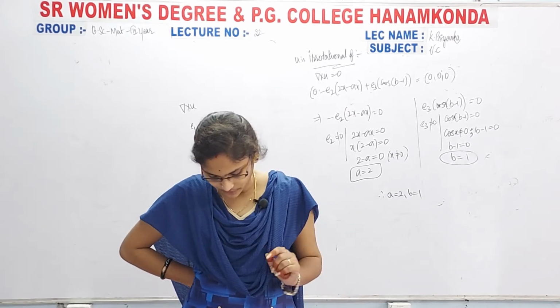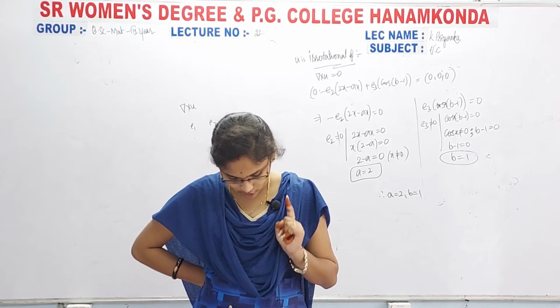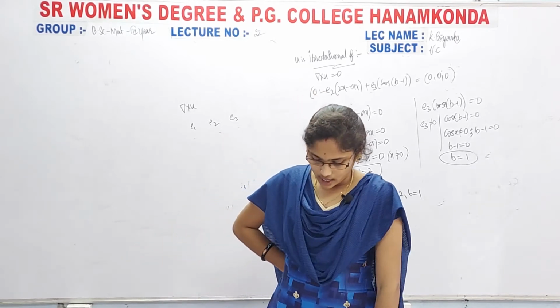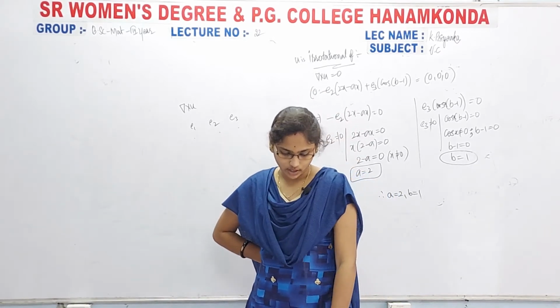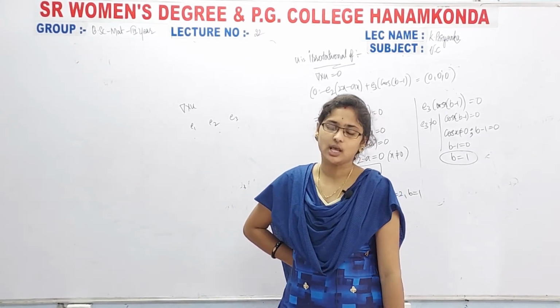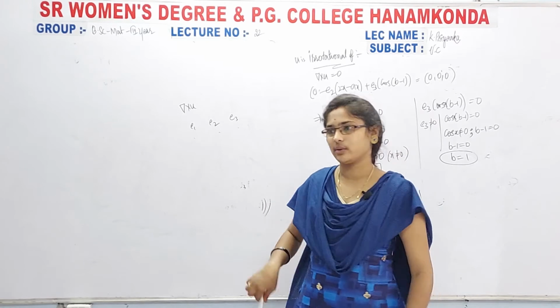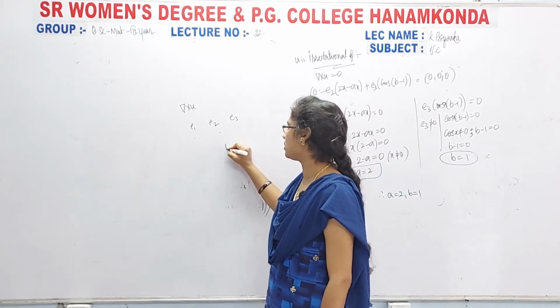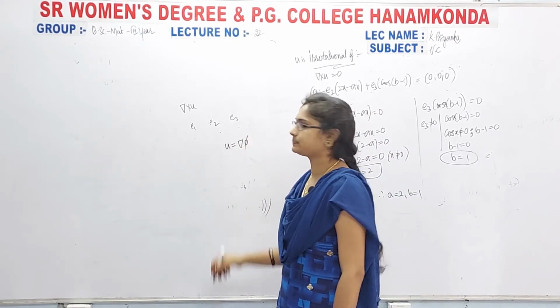Next, part b: find the corresponding potential function. Here I will say, we already proved that u is irrotational. So u is irrotational means we can write it in another way: u is nothing but grad pi.